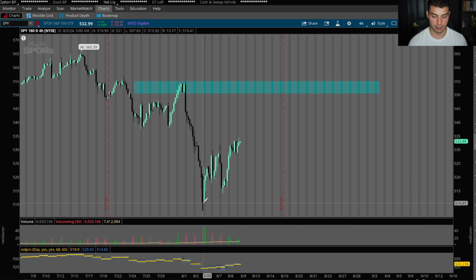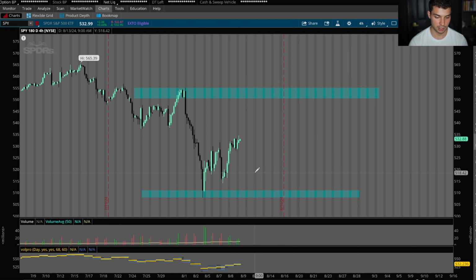I saw a low here before session opened, and we're going to be drawing our demand zone right here. We can expect big movements to be made in this zone too, all right? And I'm going to put it at the tippy top of this wick, right at the start of when it actually goes into color, basically, right? So this is where my zones are. This is how I draw my zones, okay?